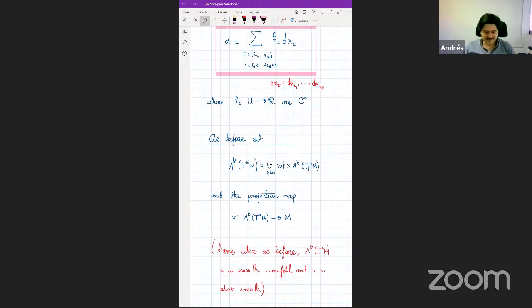Okay, I'm not going to review the smooth structure, but by now you can imagine how you would do it. You take a chart U, and on U, you know the description of a K-form, and that will help you.